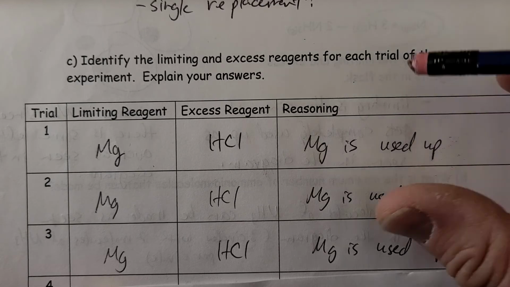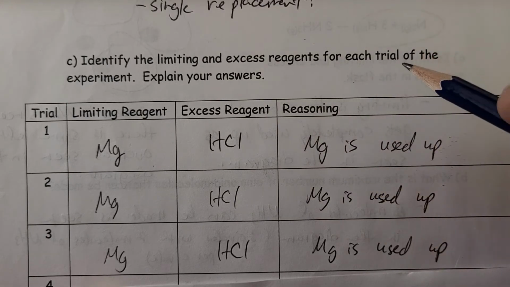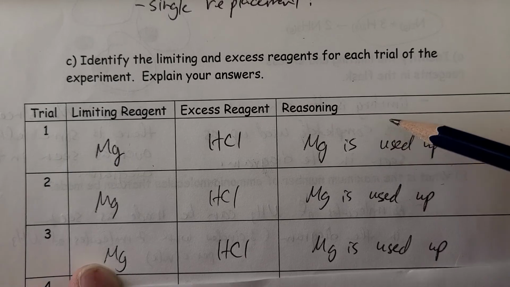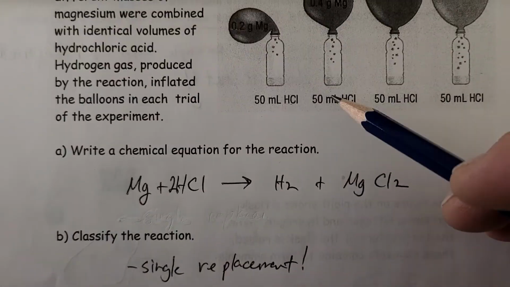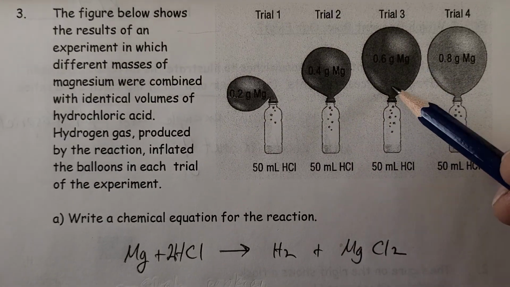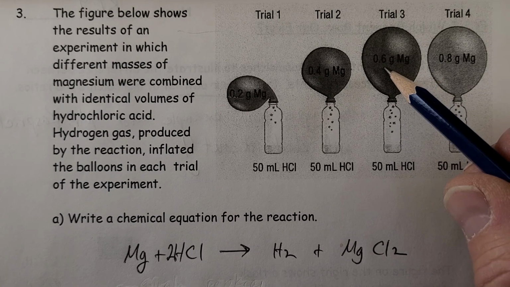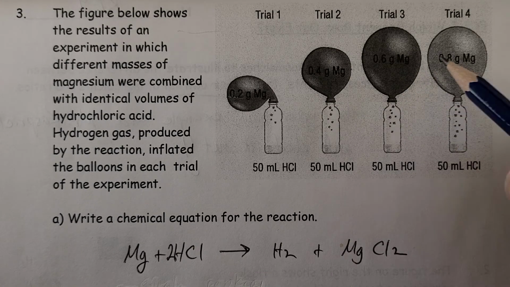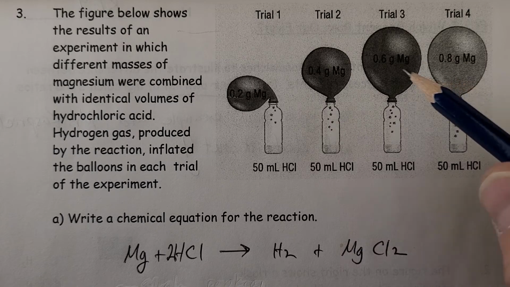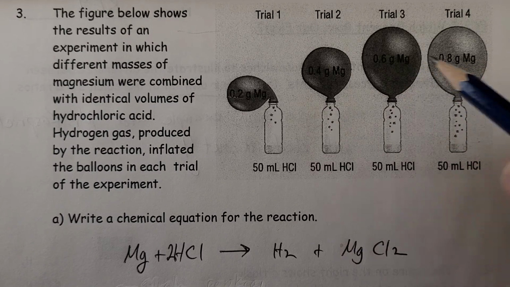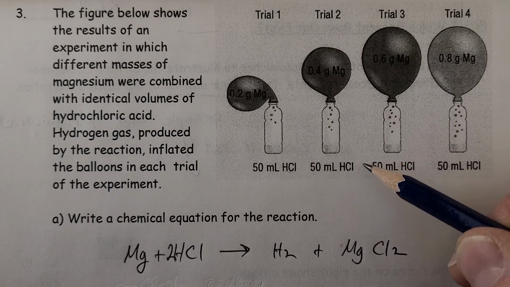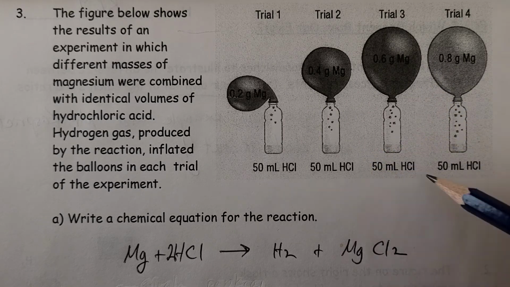And we could also say here in this column that magnesium seems to be the reactant that's determining how much gas is produced. Okay? And then when we go from 0.6 grams of magnesium to 0.8 grams of magnesium, there's no change. So the magnesium doesn't seem to be affecting it anymore, which means that we likely ran out of HCl.